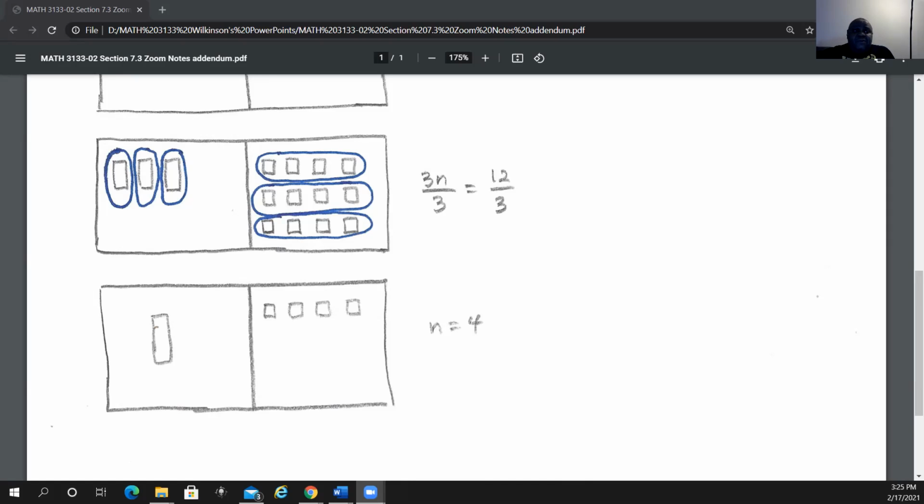The next example relates the symbolic approach to solving an equation and the corresponding actions in the tile model. And here is that representation.